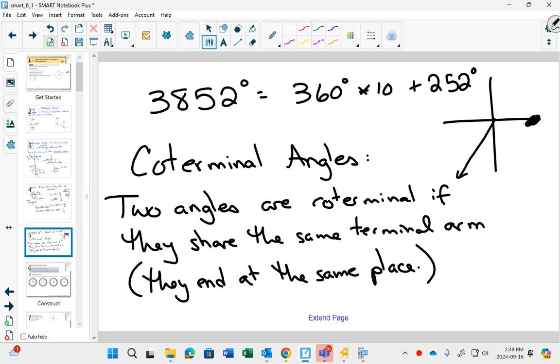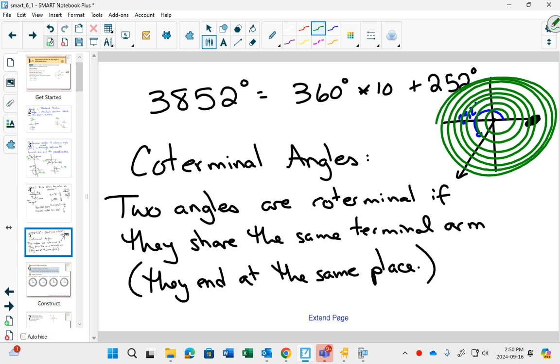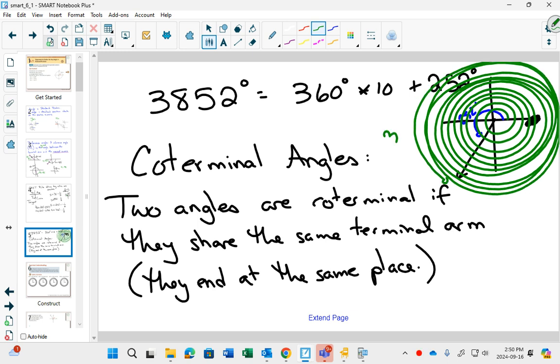So we would say, since this is 252 degrees, and this is 3,852 degrees, and they end at the same spot, they're coterminal.